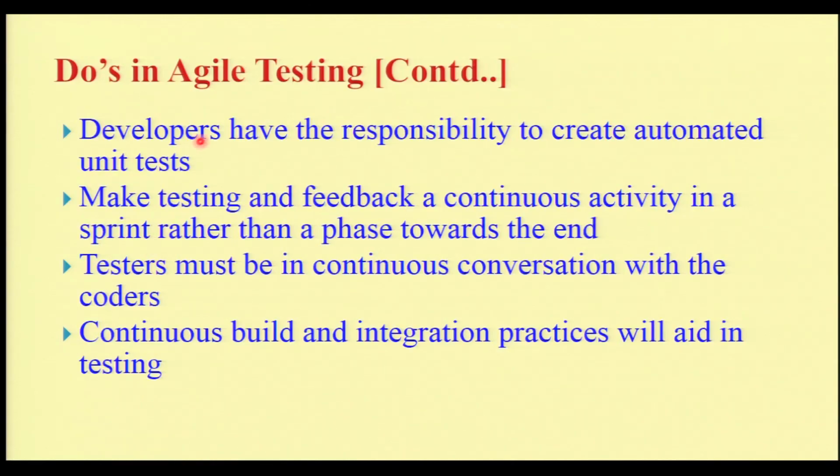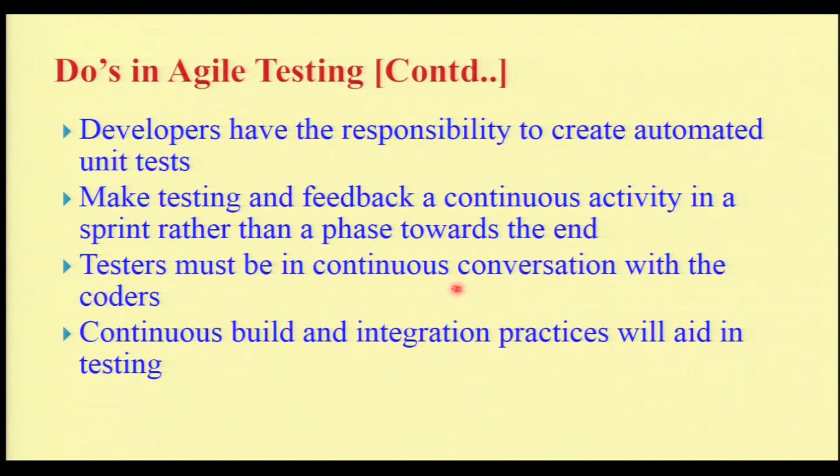The other do's in agile testing are: the developers have the responsibility to create automated unit tests. They have to make testing and feedback a continuous activity in a sprint rather than a phase towards the end of the life cycle.